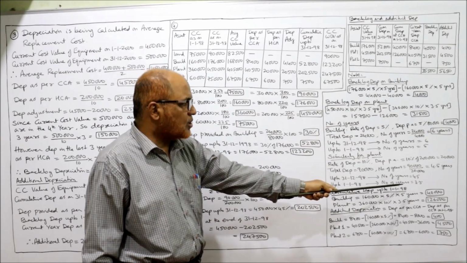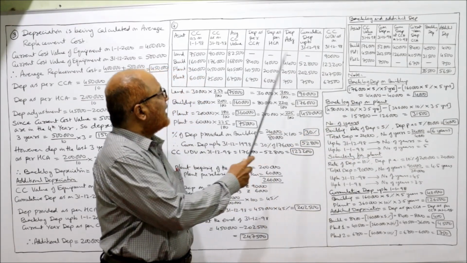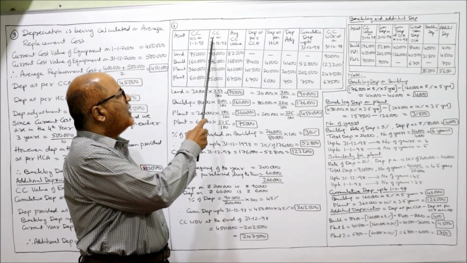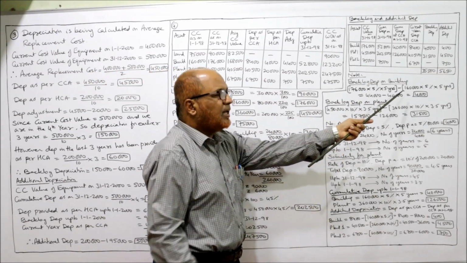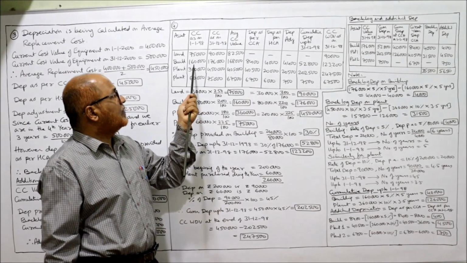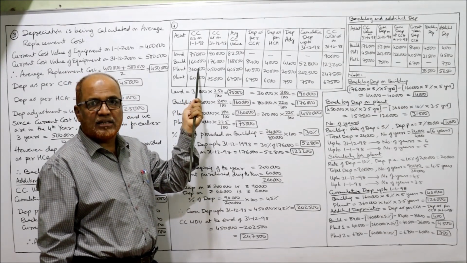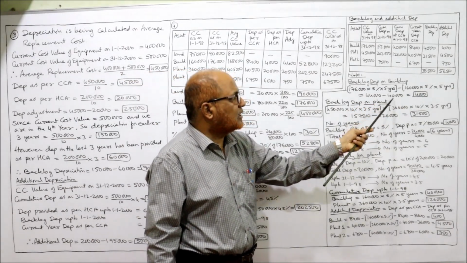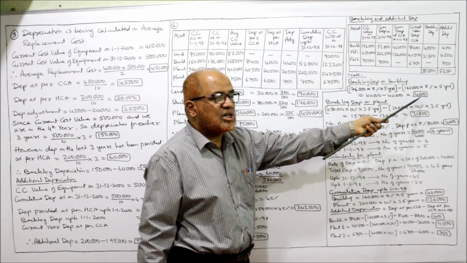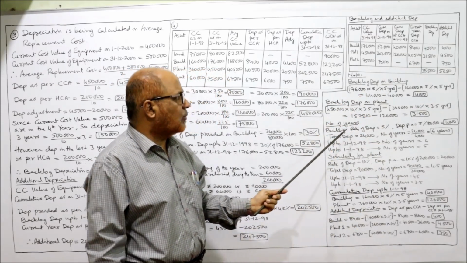The total number of years, already we have calculated, is 5 years. 1,76,000 is the closing value of building, so it comes to 44,000, minus the value at the beginning of the year, 1,60,000. So 1,60,000 into 5% into 5 years, 40,000. So backlog depreciation is 4,000 rupees for building.